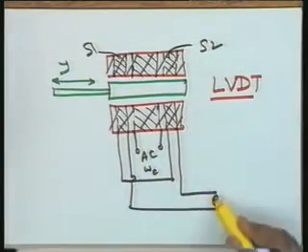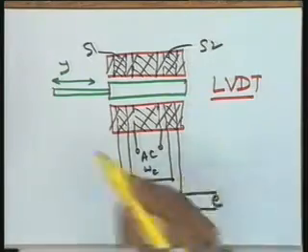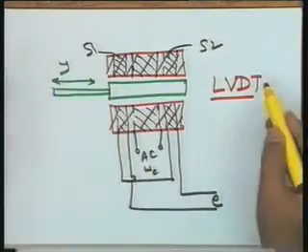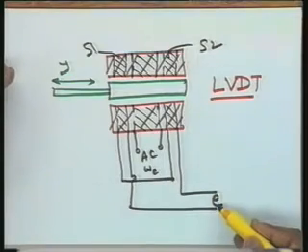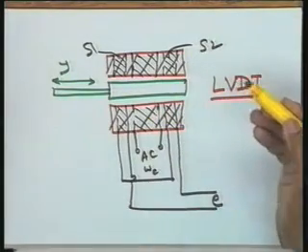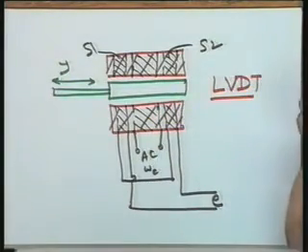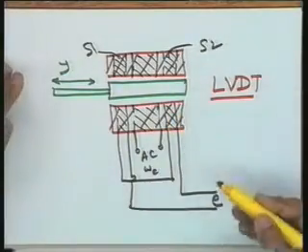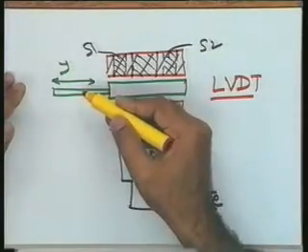So the polarity of the voltage tells you the direction, whether the y movement is this way or that way, and the magnitude of E tells you the magnitude of the displacement. This LVDT is a device which gives you a signal proportional to the linear motion.